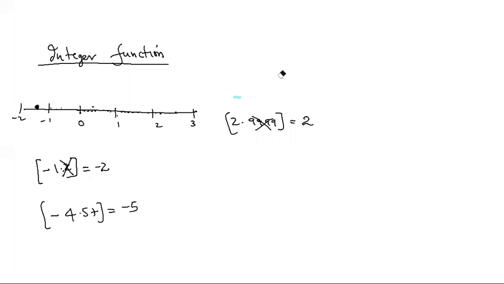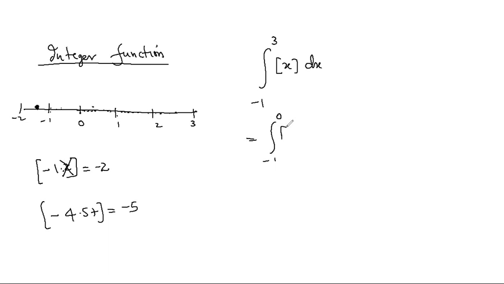Now you are going to tell me how to integrate the integer function, let's say from minus 1 to 3, integer of x dx. The integer of the function varies from integer to integer, so I'll split it as minus 1 to 0, plus 0 to 1, plus 1 to 2, plus 2 to 3.